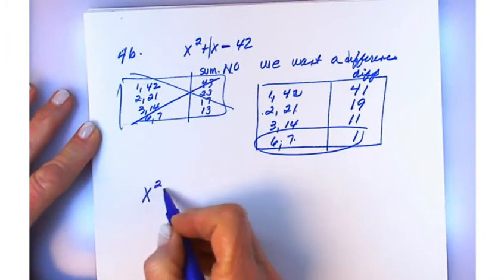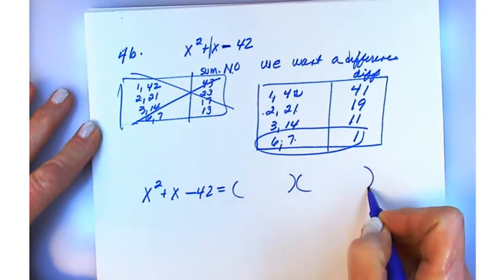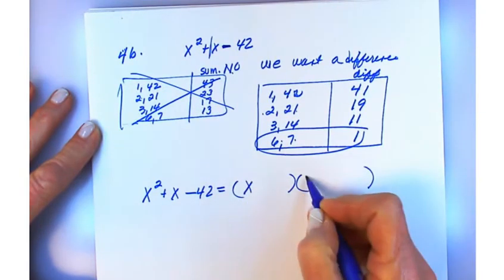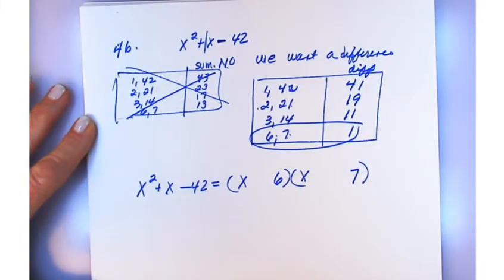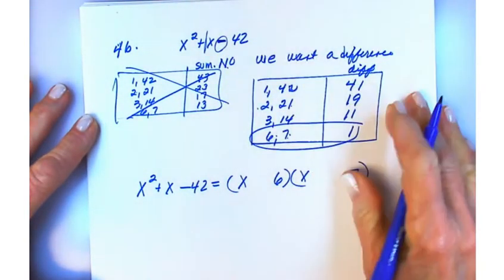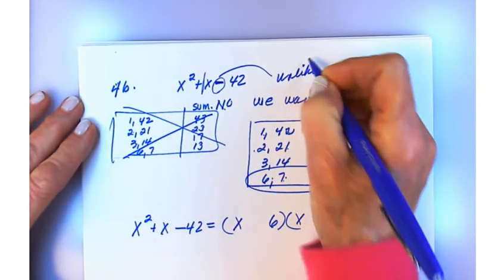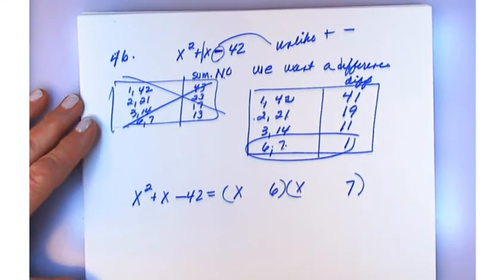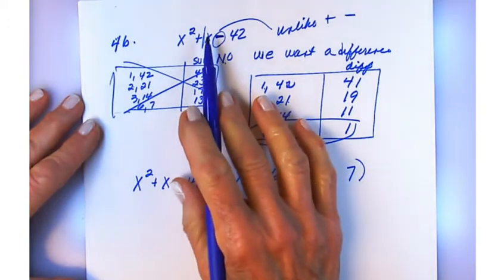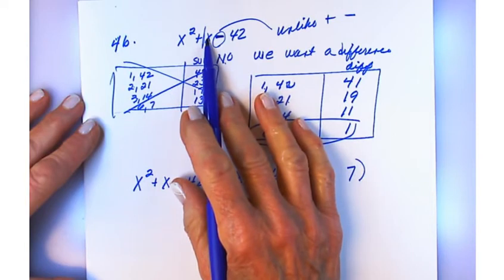x squared plus x minus 42. 2 scoops. x and x, I need 6 and 7. And I know this tells me that the signs are unlike. So one's positive, one's negative. I look, I want the middle term to be positive 1. So the larger number has to be positive.